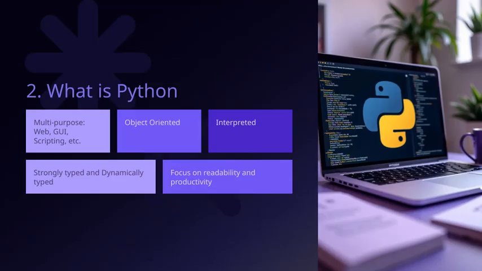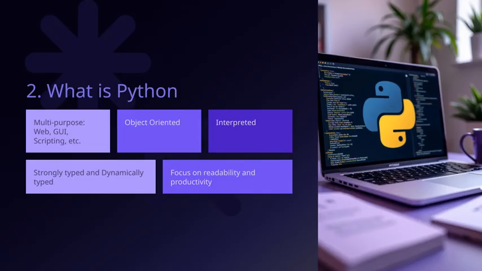Let's talk about what makes Python really special. First, it's a multi-purpose language, meaning you can use it for web development, creating graphical user interfaces, scripting tasks, and much more. This versatility is a big part of its appeal. Next, Python is both strongly typed and dynamically typed.